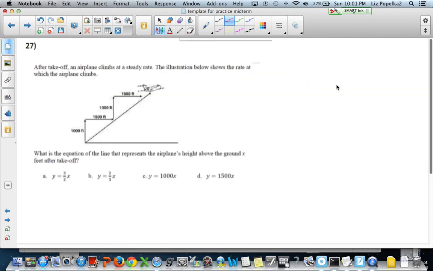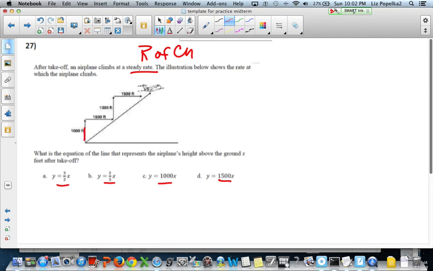27, the airplane climbs at a steady rate. This is also our rate of change. The illustration below shows the rate at which the airplane climbs. So every time it's going up 1,000 and over 1,500. Up 1,000, over 1,500. What is the equation of the line that represents the airplane's height above the ground after takeoff? So remember that the number in front of the x is your rate of change in an equation like this.